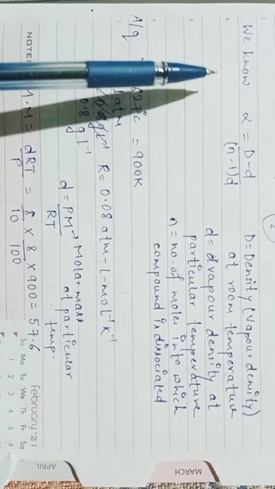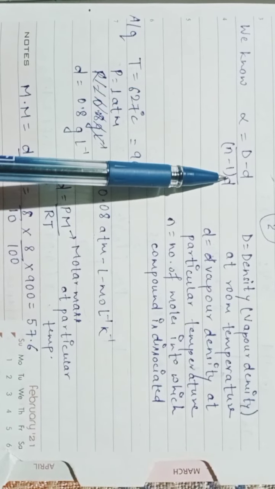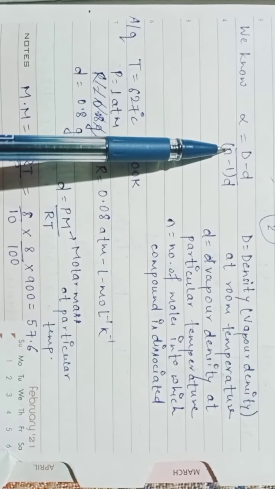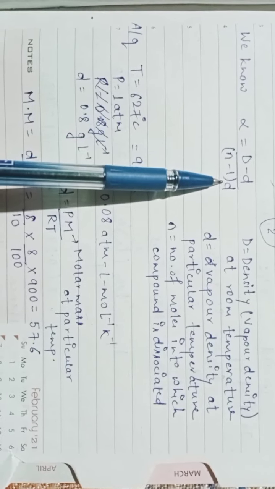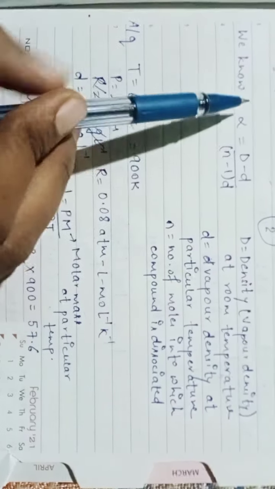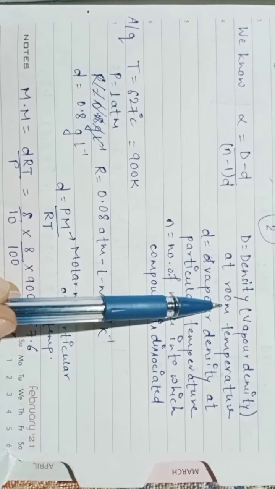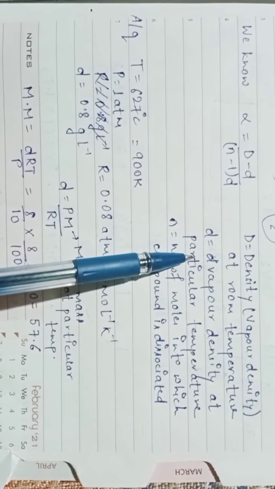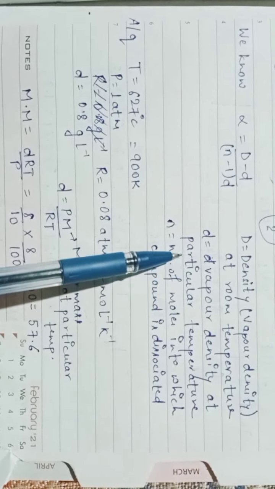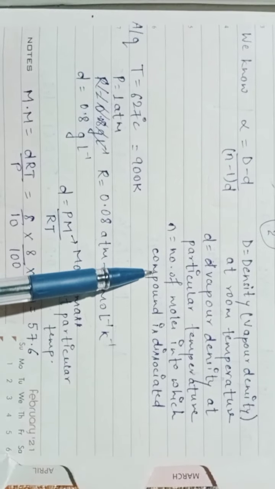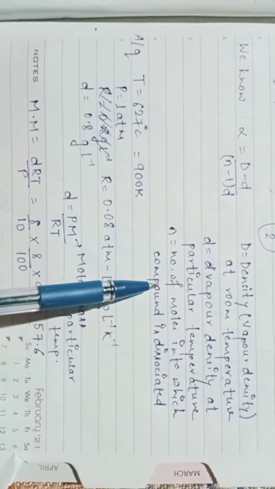After that, we know alpha is equal to capital D minus small d divided by n minus 1 into small d. To find the value of alpha we have to know this formula. Here capital D denotes vapor density at room temperature, and small d denotes vapor density at the particular temperature, in this question 627 degrees Celsius. And n is the number of moles into which the compound is associated.